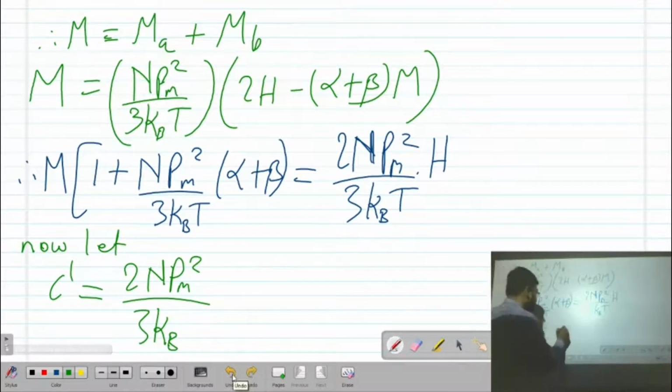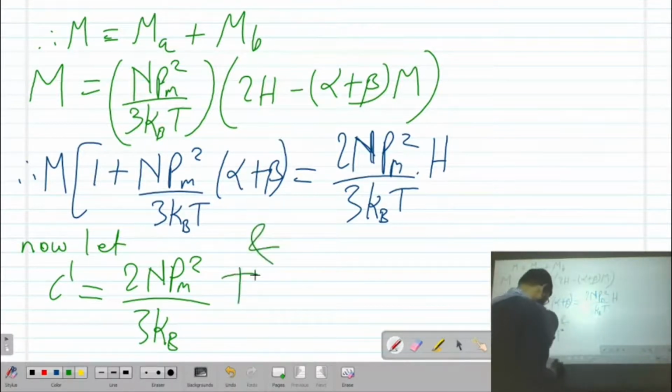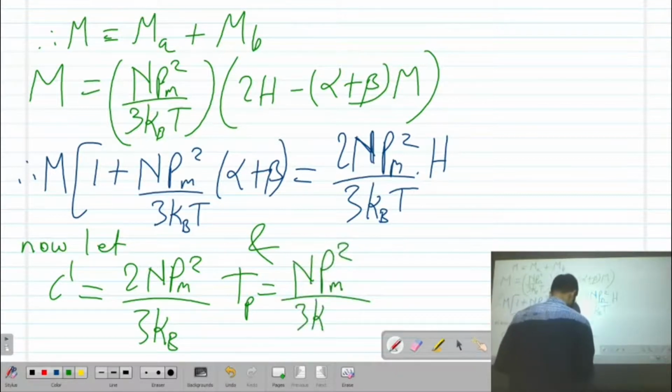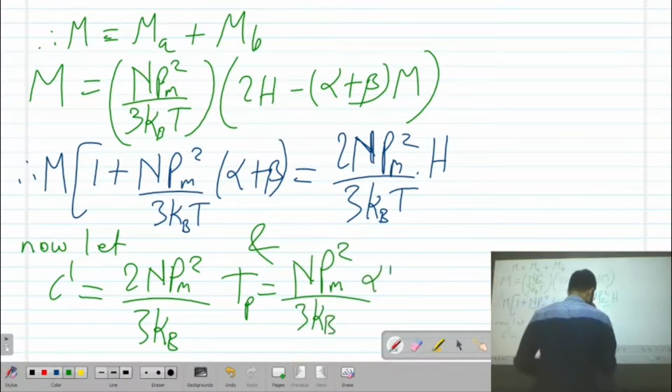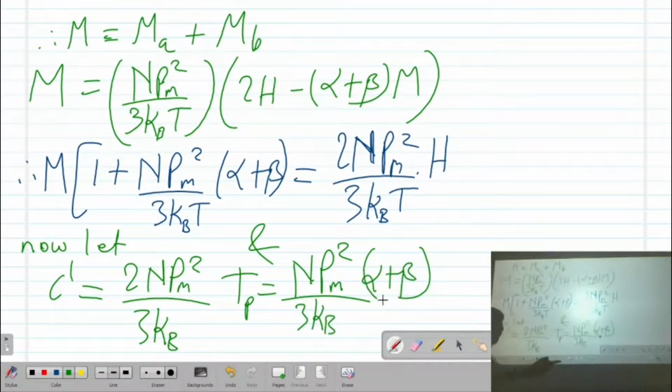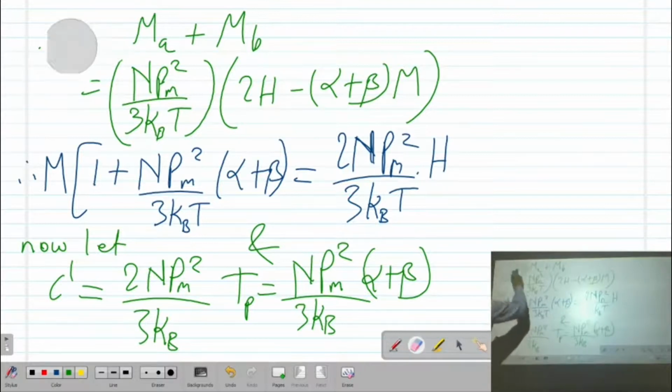We are assuming it, and T of p is equal to n square by 3k B into alpha plus beta. So this term we are going to recognize as T of p, not T, and this term we are going to recognize as c dash.